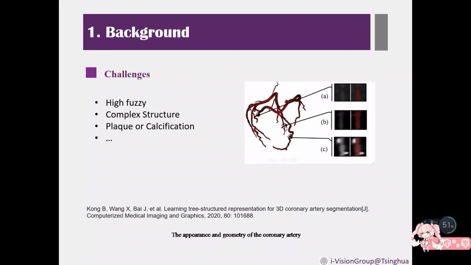The appearance and geometry of the coronary artery may vary considerably from one patient to another. What's more, the build-up of the plaque or calcification inside the coronary artery wall may further increase the difficulty of centerline extraction, as shown in Figure C.